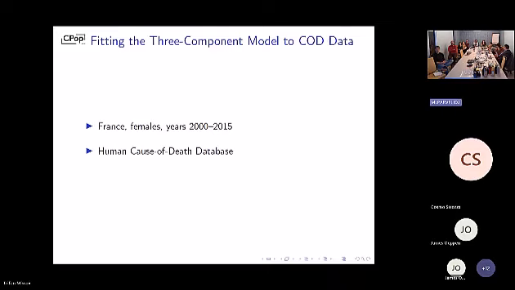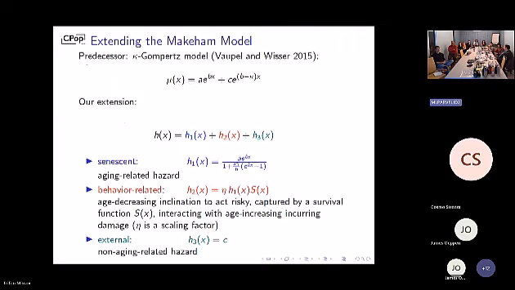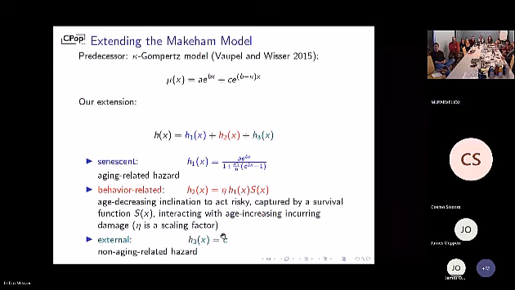So this was a completely different purpose. But for the purpose of this project, we fitted it to cause of death data. Why? Because we wanted to see what the cause of death composition of each component is. So if we're talking about the Makeham component, what cause of death would you expect there to be leading? External causes, right? This is this.